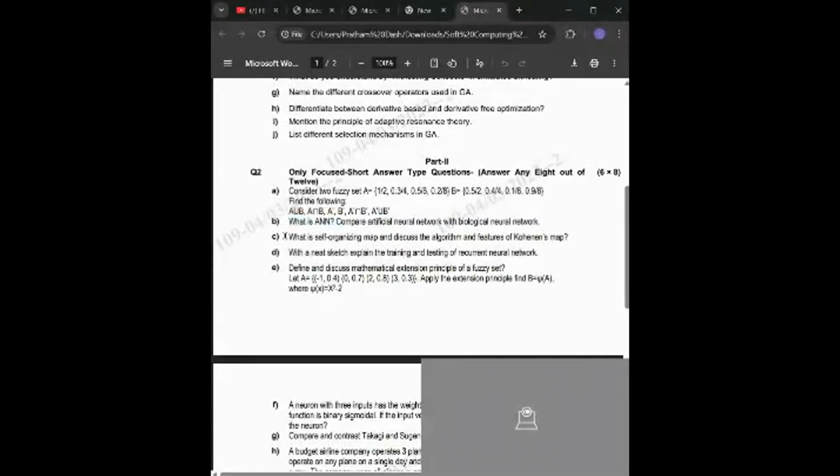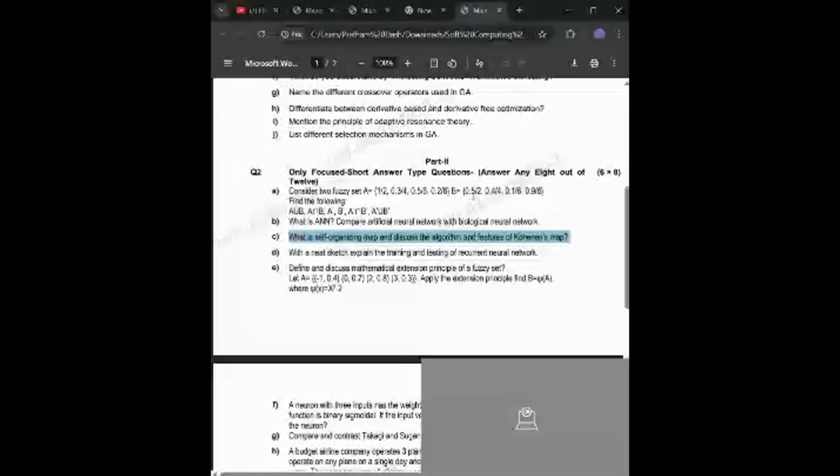What is a self-organizing map and a coherence map? Self-organizing map. That's the basic you should be asking.